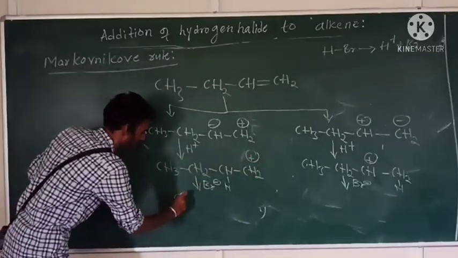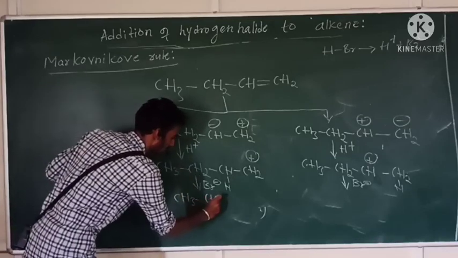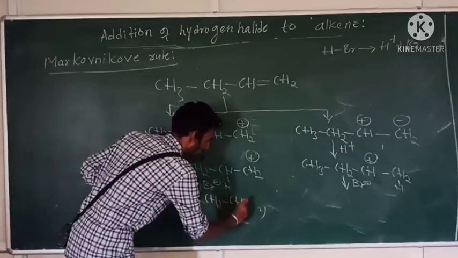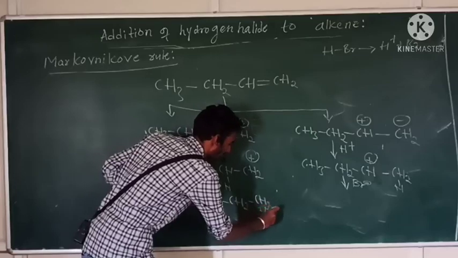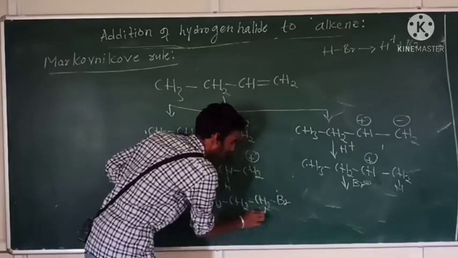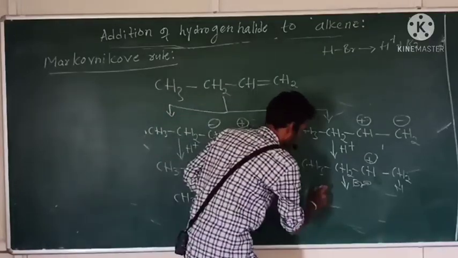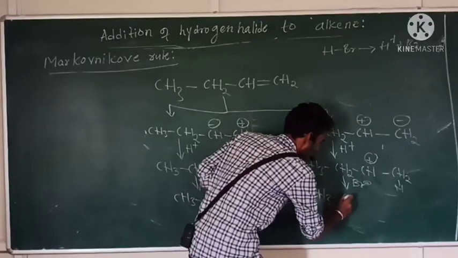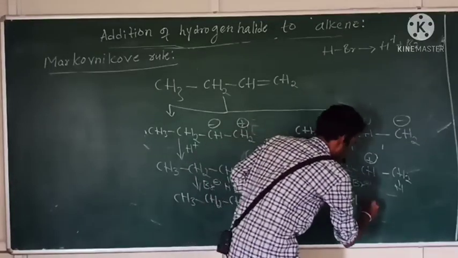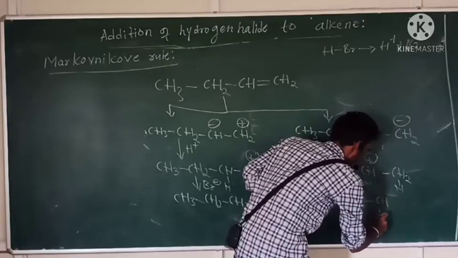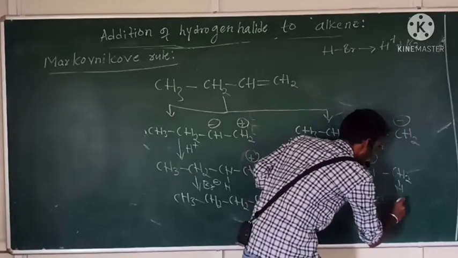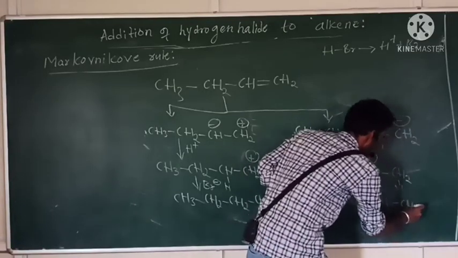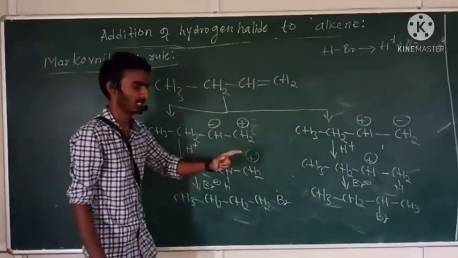This forms CH3 CH2 CH2 CH2 Br. Another product is CH3 CH2 CHBr CH3.